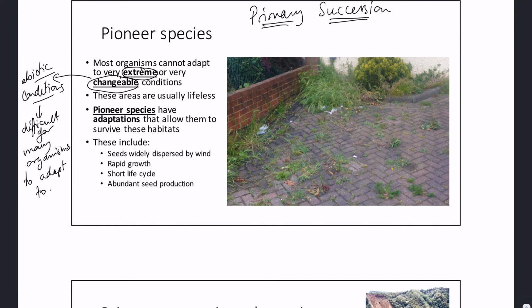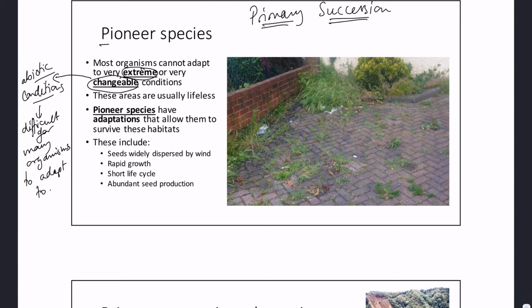Or another way to think about it is that not many organisms have the adaptations it would take to survive these conditions that are, at one part of the day one thing and at the other part of the day very, very different. Okay, most organisms have adaptations to a specific set of constant conditions. Okay, so these abiotic factors are difficult to survive, and that's why they are lifeless.